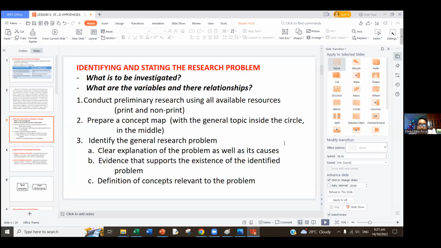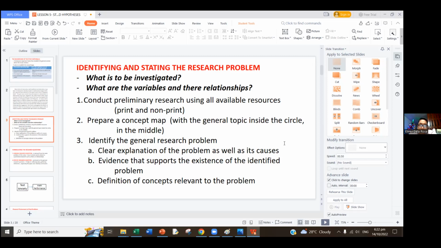Prepare a concept map, usually with the general topic inside the circle, and then magba-branch out lang yon. Pero not necessarily kung malinaw naman na sa'yo kung ano yung problems at variables mo, you don't need to draw a concept map. Then, identify the general research problem.